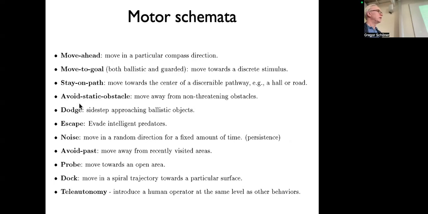This would be a whole little movement. Dodge would be where, to an event, you make a whole little movement to avoid something, not just an update of your current heading. And a couple more like that. Probe dock would be to have a particular orientation in the world and so on. So for each of those, they have a little code that takes a little bit of information and puts out a motor command. And these motor commands are just added up.